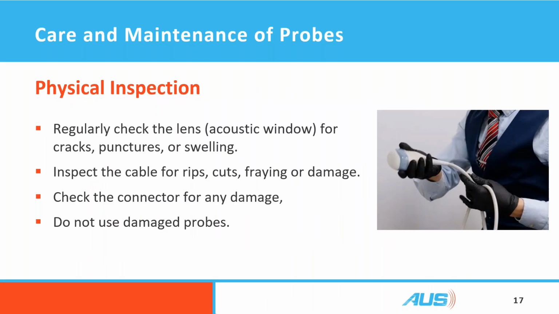Inspect the cables for rips, cuts, fraying. Check the connectors for bent pins or shock or burnt pins. Make sure that everything looks and feels normal, that there are no cracks in the casing. If you find damage, remove them from service.